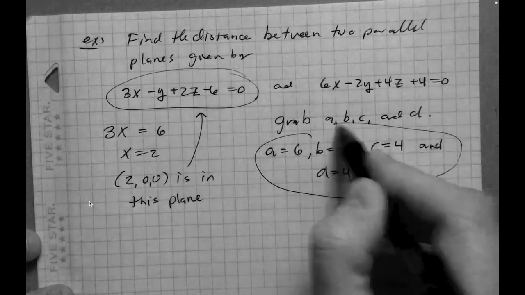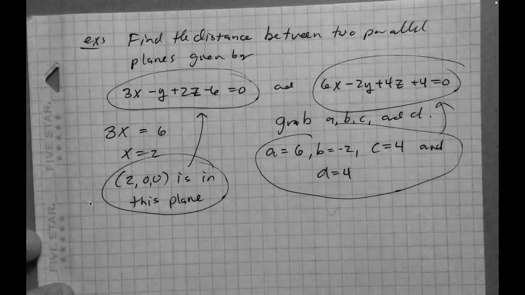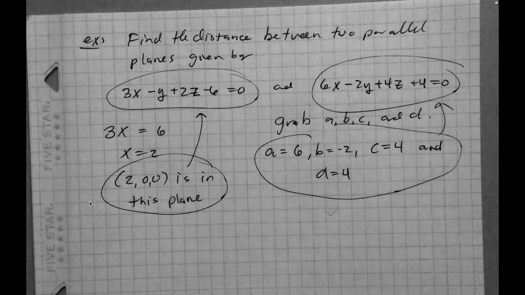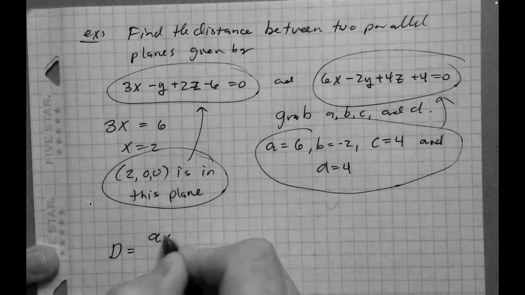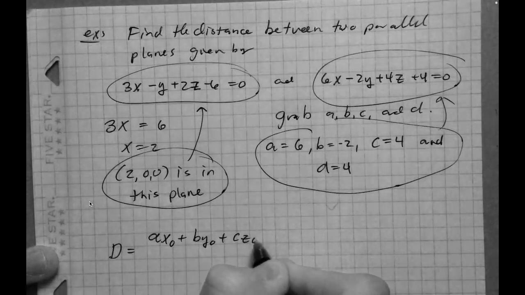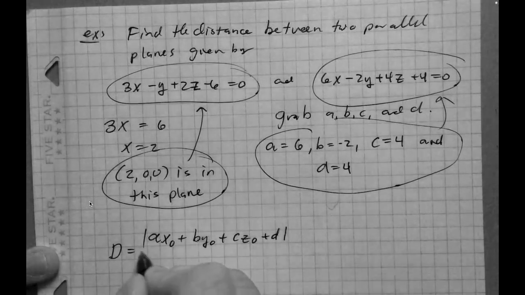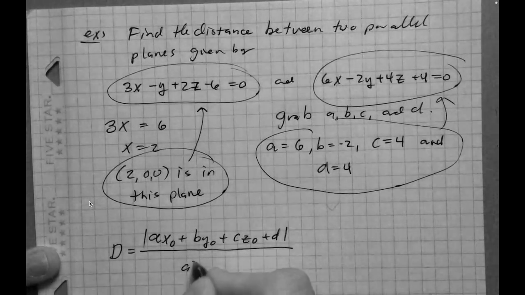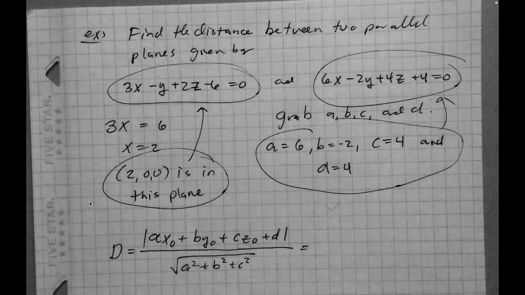So I got this information from this plane, and I got this information from that plane. And then I can just plug all of this into that previous formula. So the distance is equal to the absolute value of ax0 plus by0 plus cz0 plus d, divided by the square root of a squared plus b squared plus c squared.